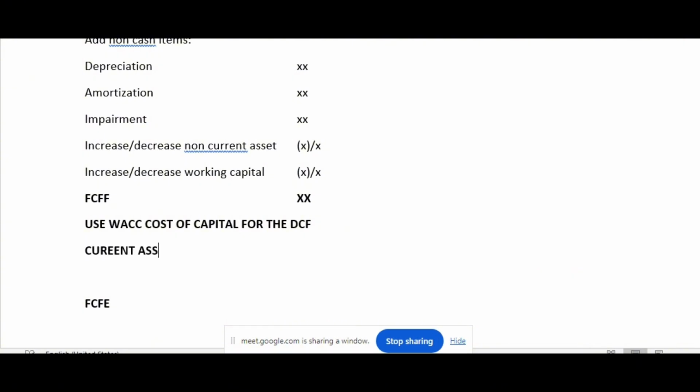Let's say this is current assets, for year 1, year 2, and year 3. And there is current liability.